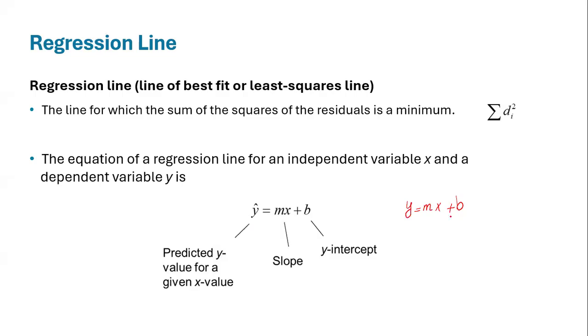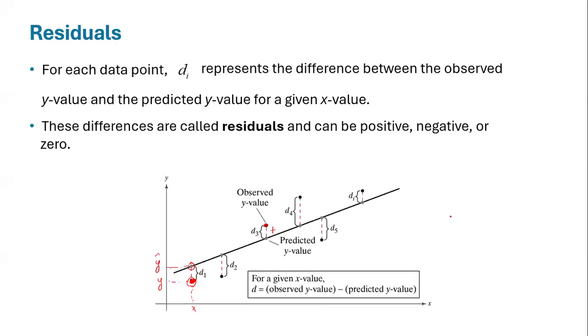But in this case, the regression line is a line that fits the points, but it's not actually going over all of the points. And you see, there are always residuals between the points and the line. So the line may pass over some points, but may not pass over the others.